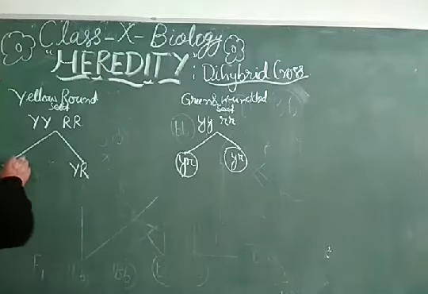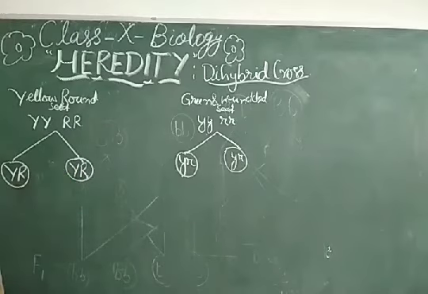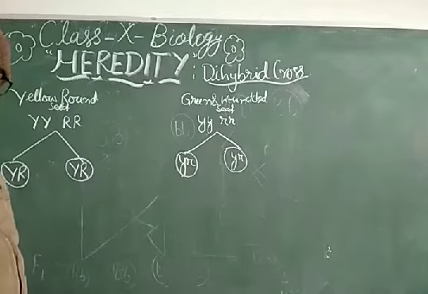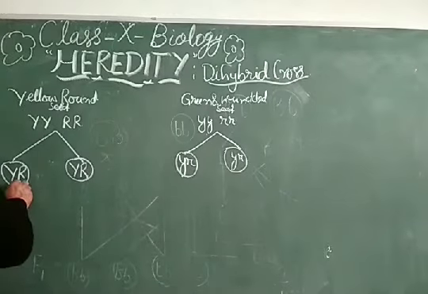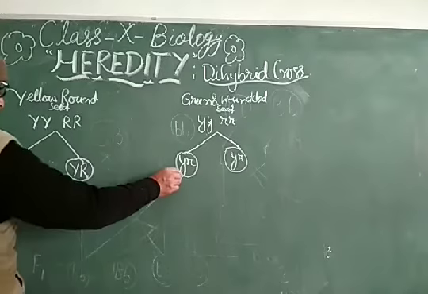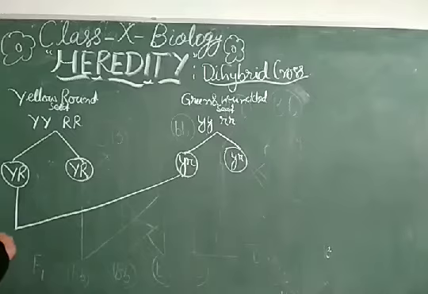So dear students, see what is going to happen here: multiple crosses will take place. And when multiple crosses take place, then what happens in the F1 generation? In F1 it will cross with this. Then what will be the result?